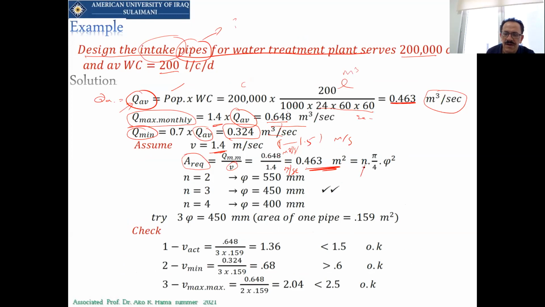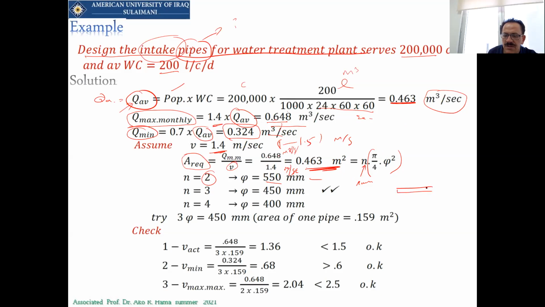So if n is the number of the pipes in this section, times the area of one pipe, we are using the same diameter of pipes, but we differentiate between them in the number of pipes. Now, 0.463, if I have n number of pipes, let's try 2. I'm using two pipes to deliver 0.463.